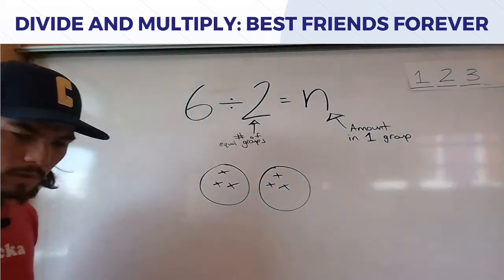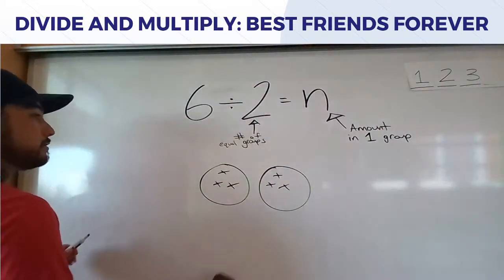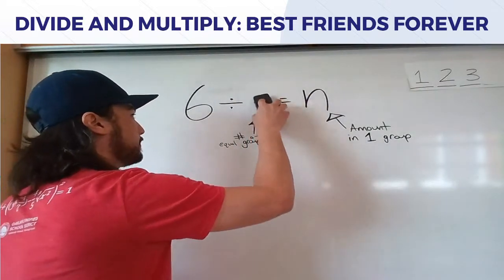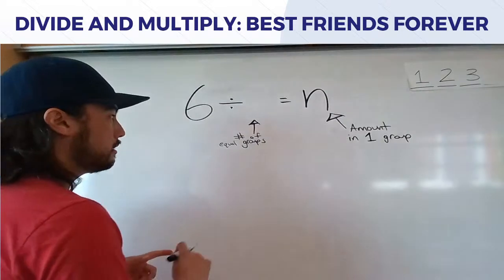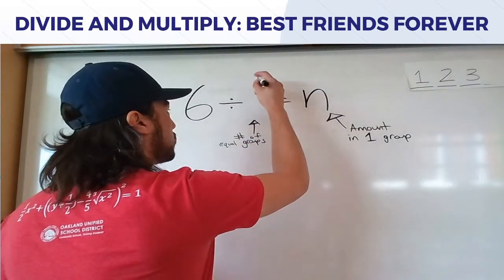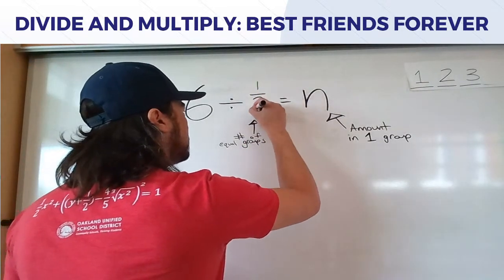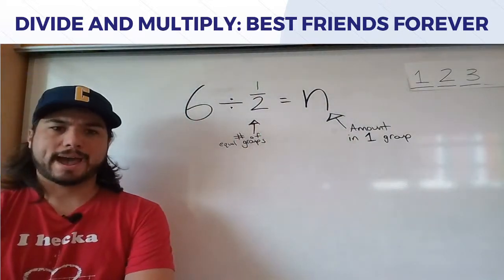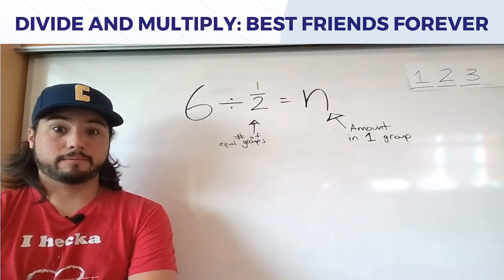Now, when we change our divisor to a fraction, the number of equal groups stays the same. So let's say now we're in 6 divided by 1/2 equals n.